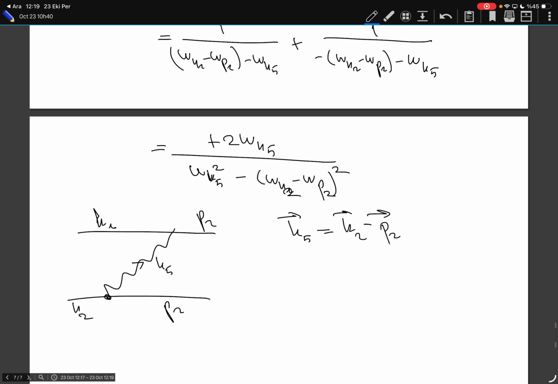No, this is P1. So K5 as a vector is K2 minus P2. Let me define K5 0 as K2 0 minus P2 0. I'm just making a definition.